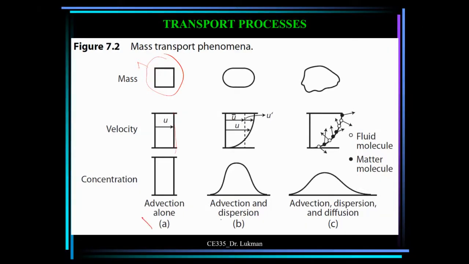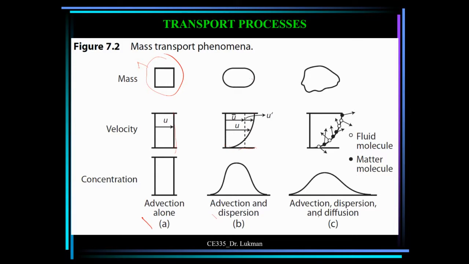When we include dispersion, then our contaminant becomes a little bit distorted because of the forward velocity. If this is a solid boundary, and this is open to the atmosphere, then the velocity increases, maximum at the top, minimum or zero at the bottom. So that will affect the shape of the contaminant, because some particles will move faster than others.